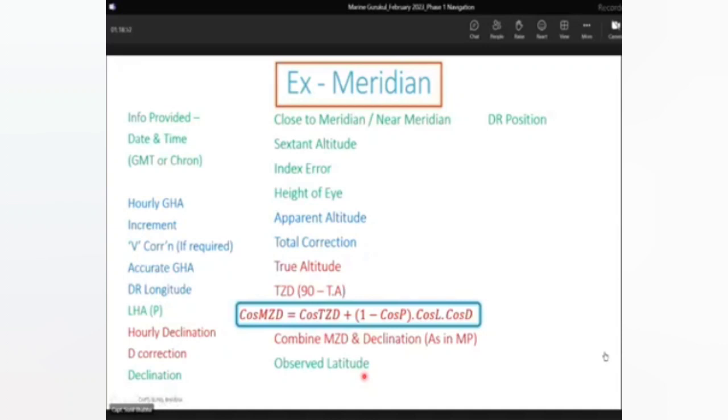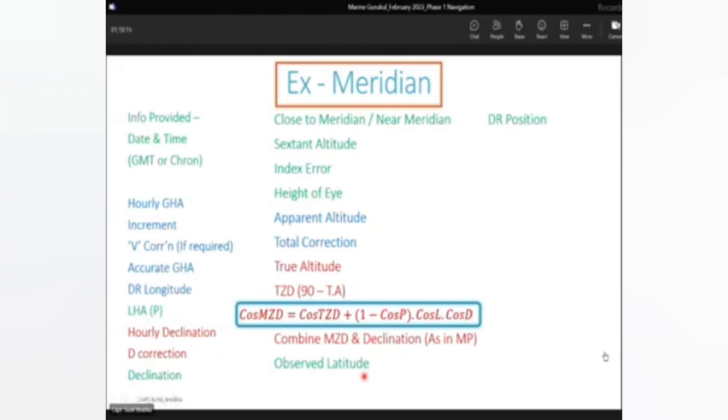Because the body is not on our meridian, the body is close to the meridian. If the body was on the meridian, azimuth will be north or south and the direction of the PL will be exactly east-west. Anywhere on that PL you will be on the same latitude. But in this case, the body being not on the meridian, azimuth will not be exactly north-south.